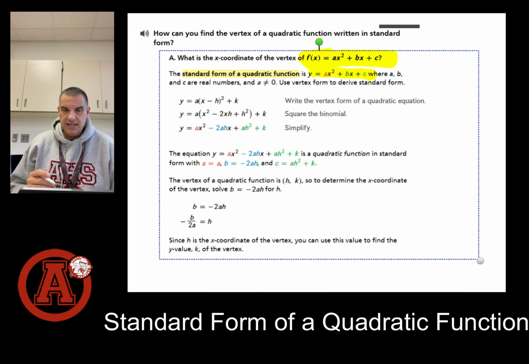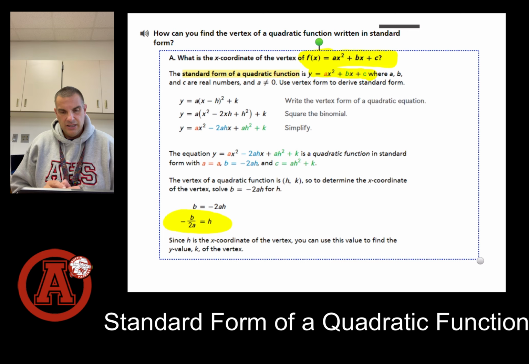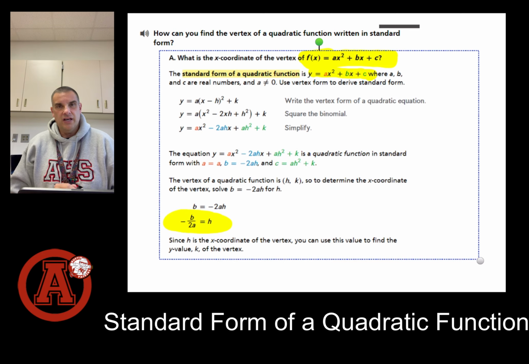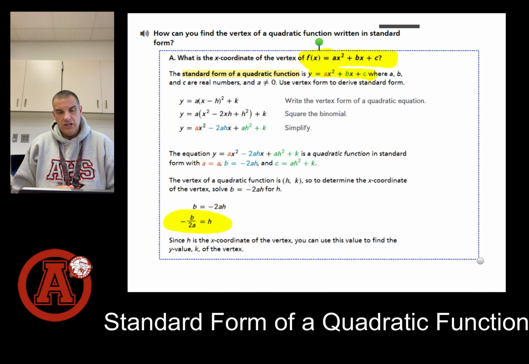So to find the axis of symmetry, what we are going to do is use this equation that's sitting right here. Now remember, our h value is our x value in our quadratic. It says the vertex of the quadratic function is h, k. You can determine the vertex by solving for h.